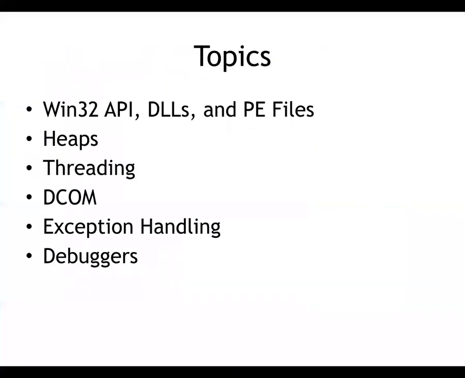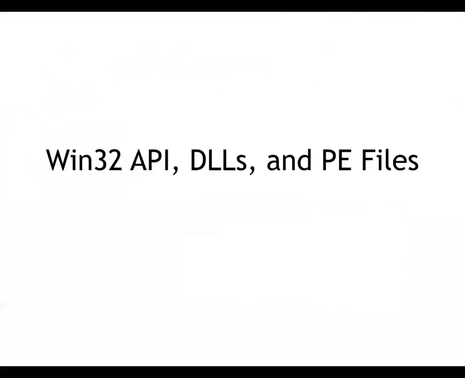So here's what we're going to talk about. The Windows API is how you do everything on Windows, and you need to know about PE files and DLLs, which are a type of PE files, Windows heaps, threading, and DCOM, which is very strange, and it is the reason why Windows has so many vulnerabilities. Everything here is Windows 32, the older version of Windows.